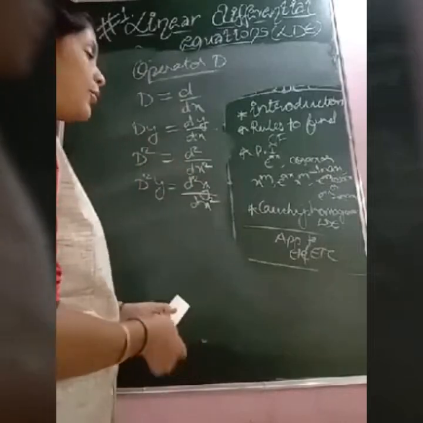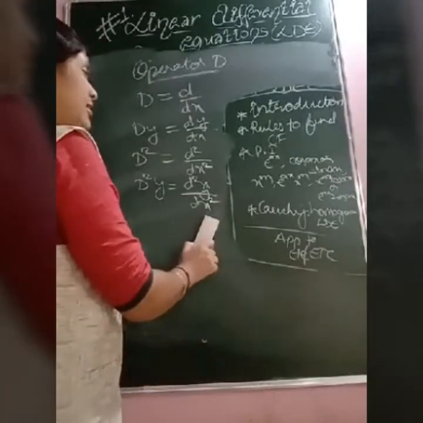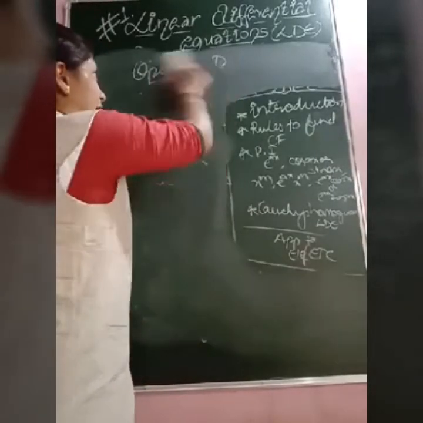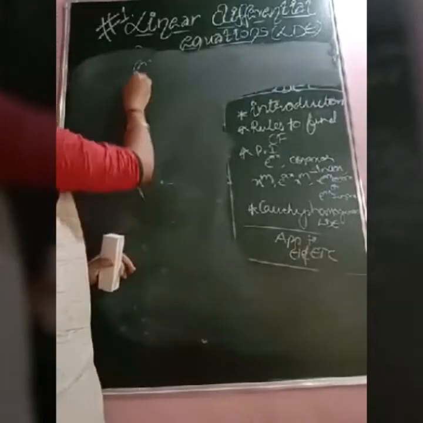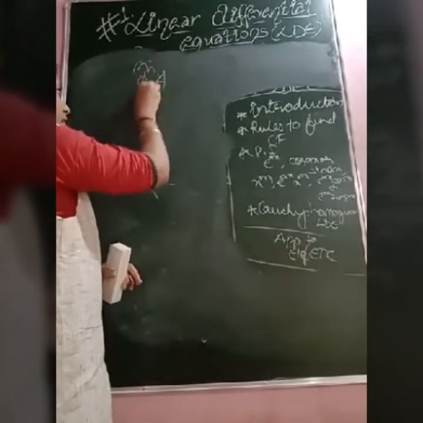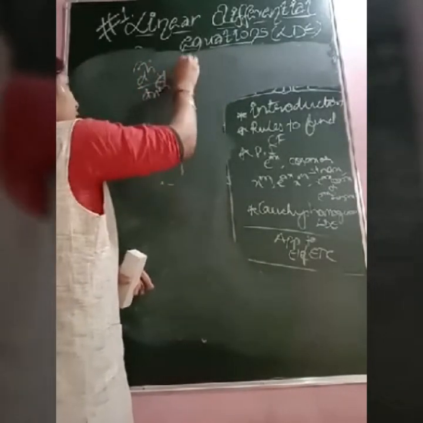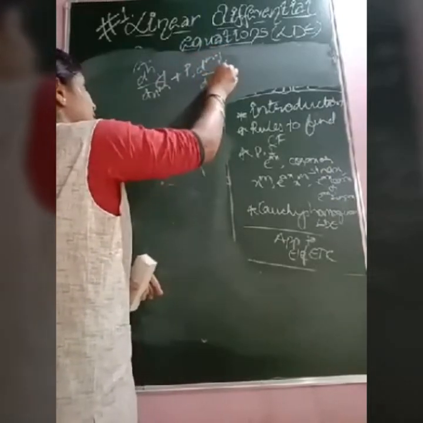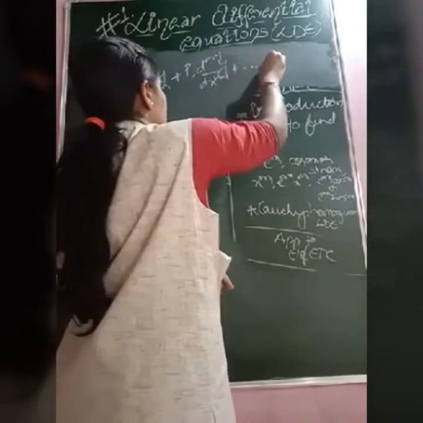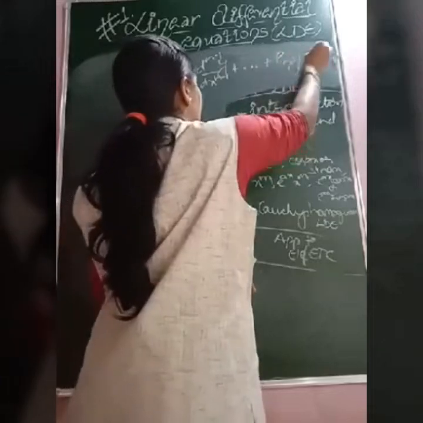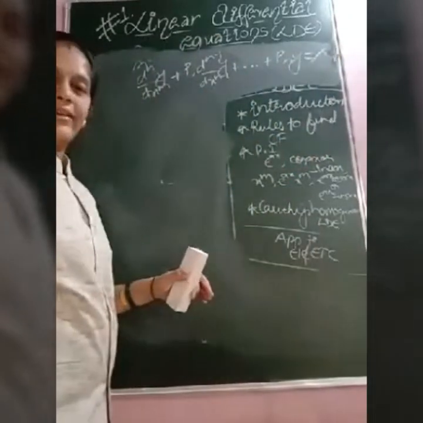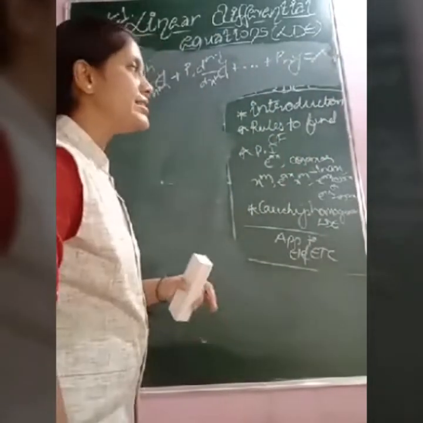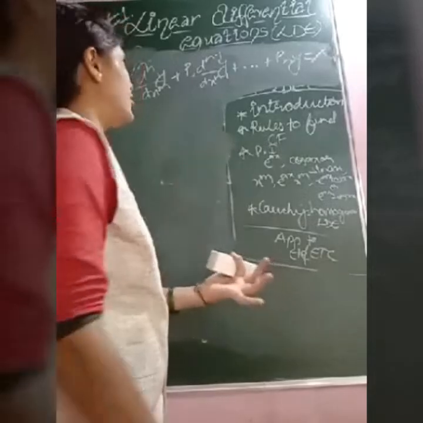So the general form of linear differential equation can also be written as, already we have seen the nth order, written as d^n y by dx^n and so on. The same form we can also write using the D operator. Already we know D stands for d by dx, the differential operator.